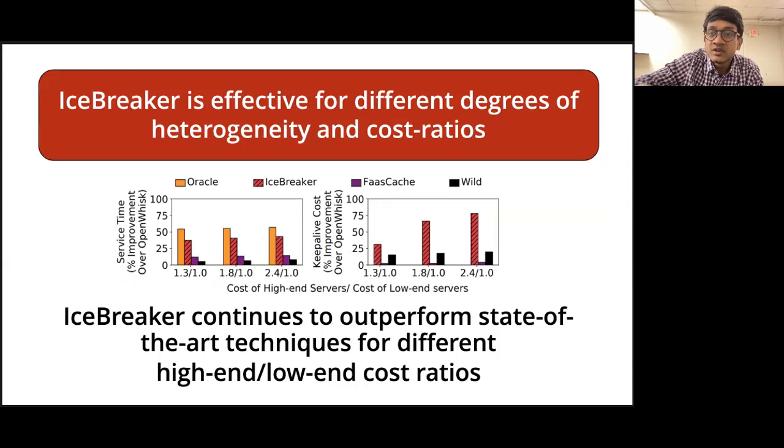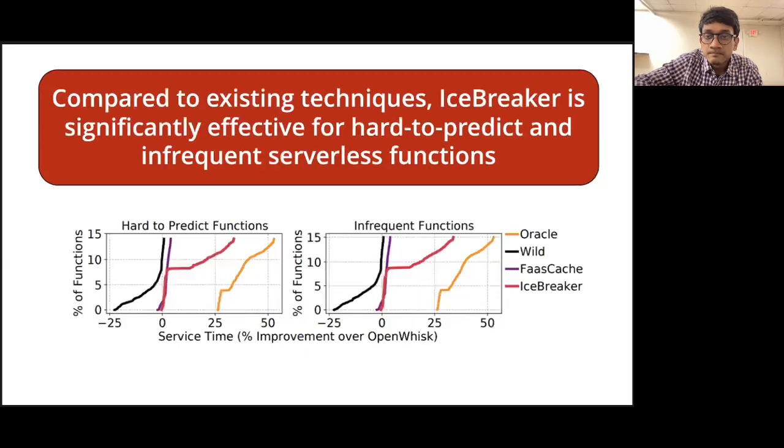We experimented with different types of high-end and low-end servers with different cost ratios, and the benefits of IceBreaker are prevalent in all of them. Also, a lot of serverless functions are hard to predict. That is, their invocation concurrencies are irregular and harder to represent mathematically.